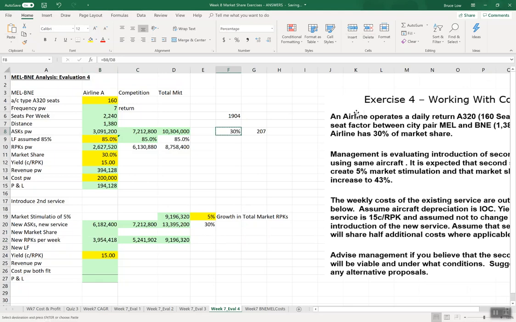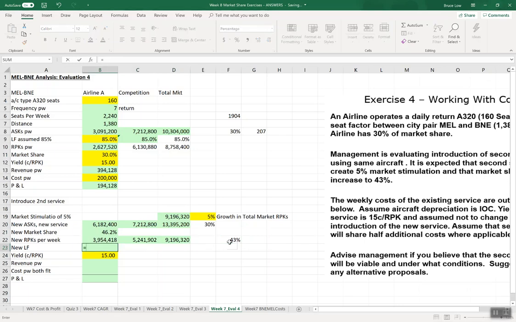So we can check that. Okay, so our market share goes to 43%, which means the competitors are dropping from 70% down to 57%. Our new market share in capacity is 46%, and we've got 43% of demand, or RPKs.